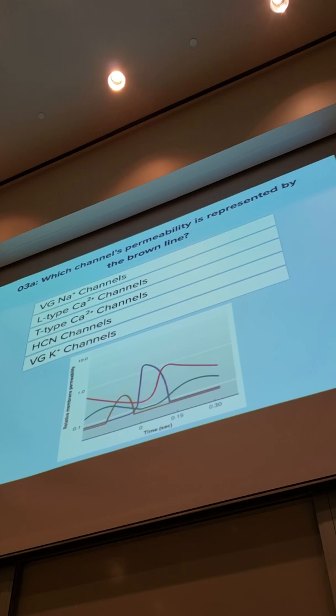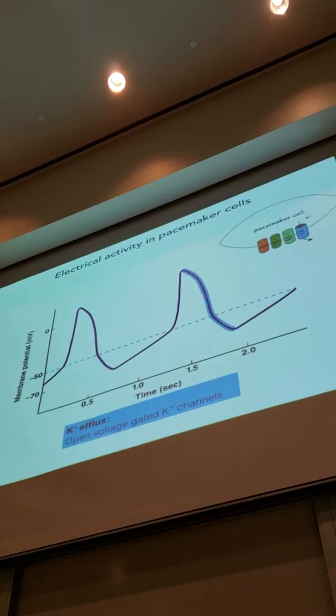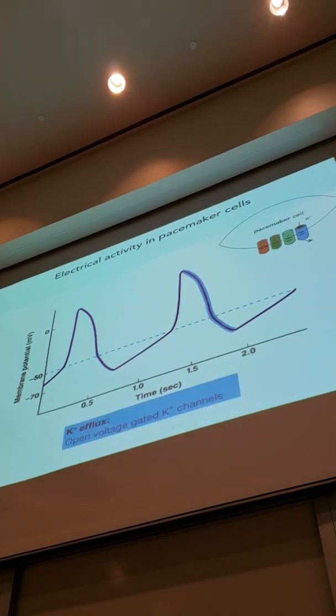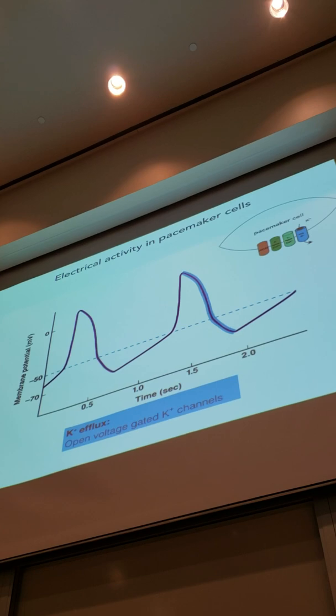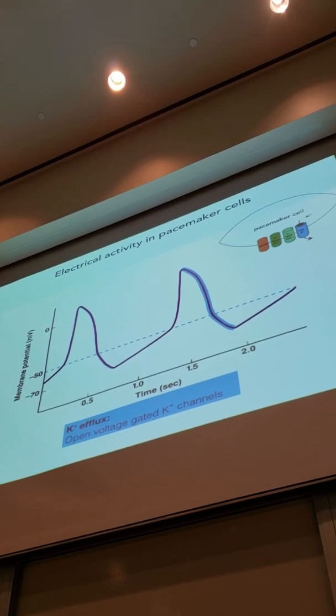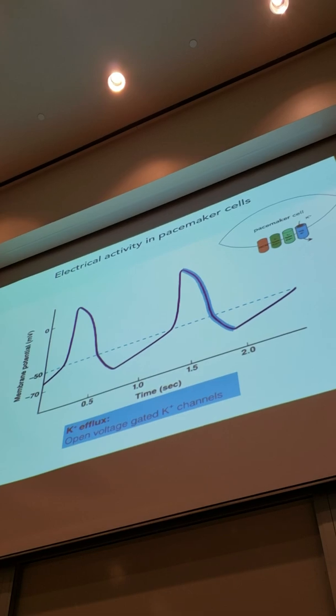What is the first one? Which one's the green one? Oh, let me show you. All right, so the first thing that happens is the HCN channel opens up. This is a sodium channel, but of the options, we have HCN channels. That's our sodium channel here. That would be sodium opening and coming in.